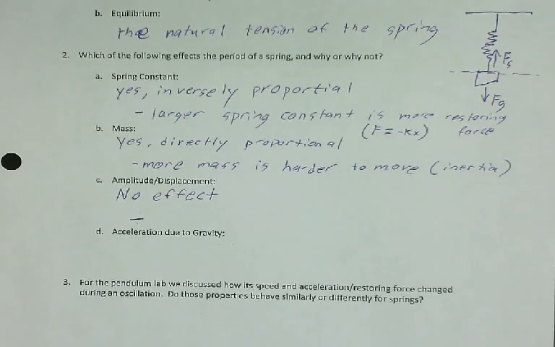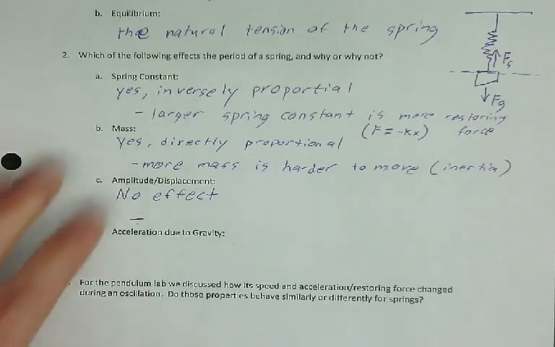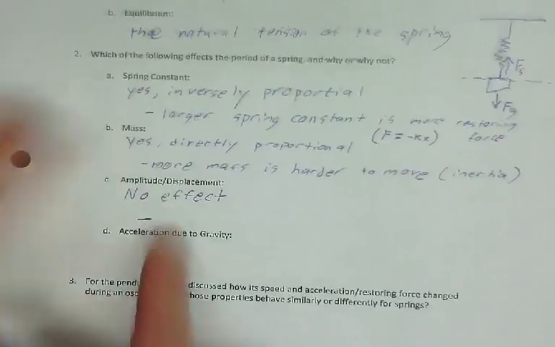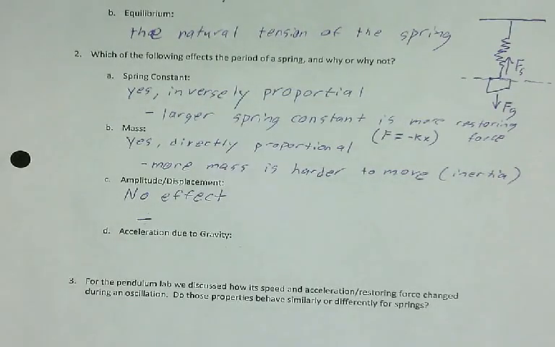It's similar to pendulums, if you can remember back that far. Yeah, it's going to go faster. Why would it go faster? Has more. Nope. Starts with an E. Has more energy. So the reason amplitude has no effect is because it has more energy. When you pull it back further, you give it more energy on a pendulum. When you compress it more, you give it more energy on a spring.